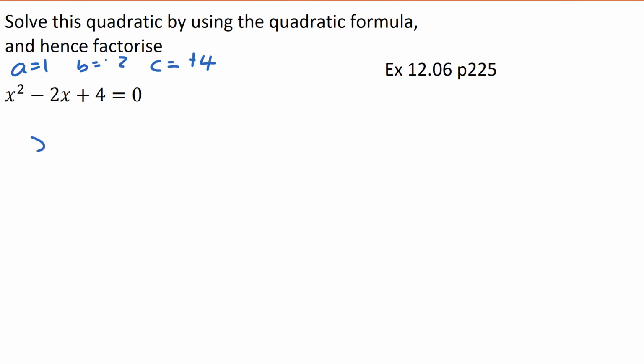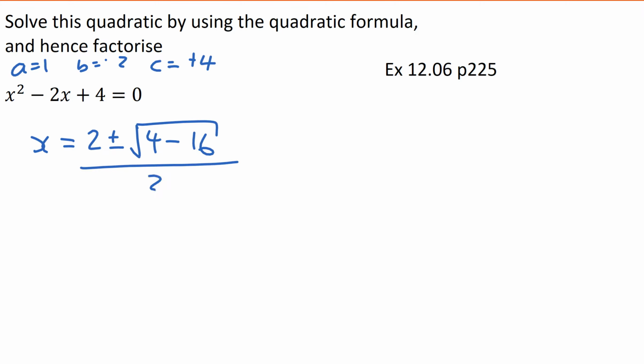X equals negative B, that's 2, plus or minus the square root of B squared, which is 4, minus 4 lots of A, which is 1, lots of 4, which is 16, all over 2 lots of A, which is 2. In other words, you've got 2 plus or minus the square root of negative 12, is that right? All over 2. Happy with that?